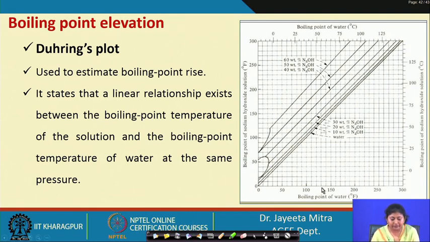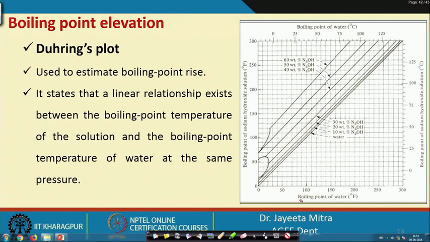If we see the Duhring plot, it shows the boiling point of water, either in degrees Fahrenheit or degrees Celsius, and with that the boiling point of sodium hydroxide solution, both in degrees Celsius and degrees Fahrenheit.